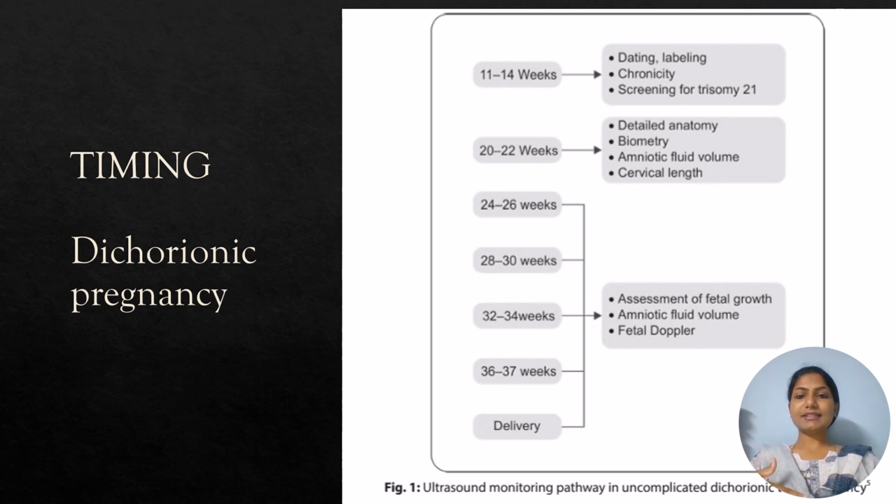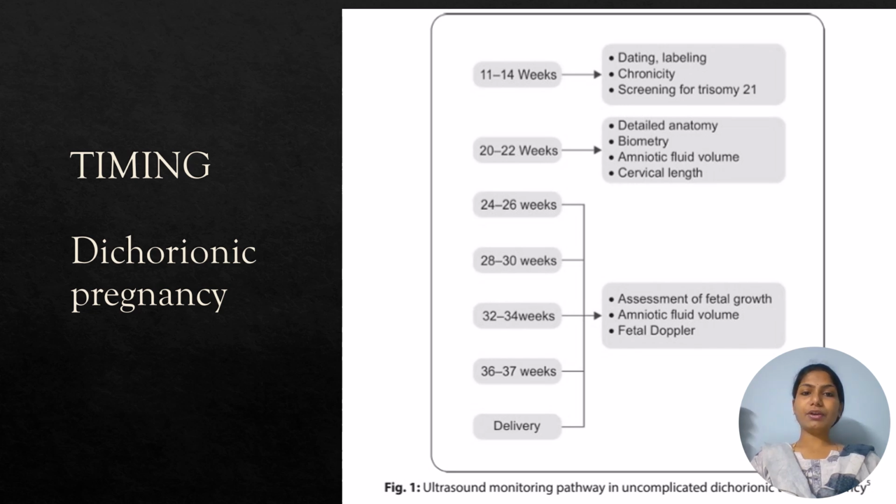And then the next scan should be done between 18 to 22 weeks of gestation for a detailed anatomical survey. It is also called an anomaly scan, where we do a head to toe anatomical survey to rule out any congenital malformations of the fetus, the biometry, whether the growth corresponds to the period of gestation, and the amniotic fluid volume.